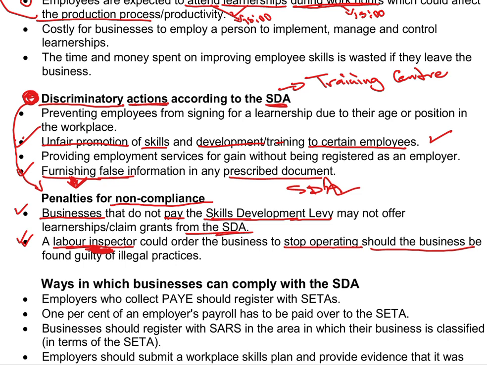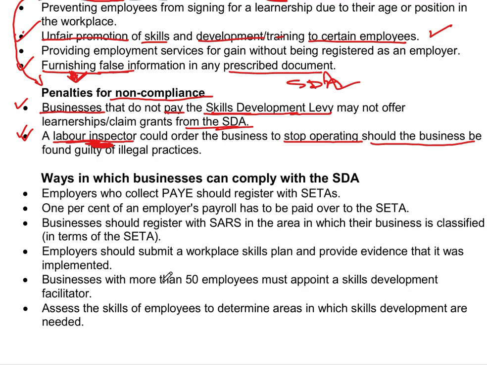So we continue, we go to ways in which a business can comply. The question can even come like this.